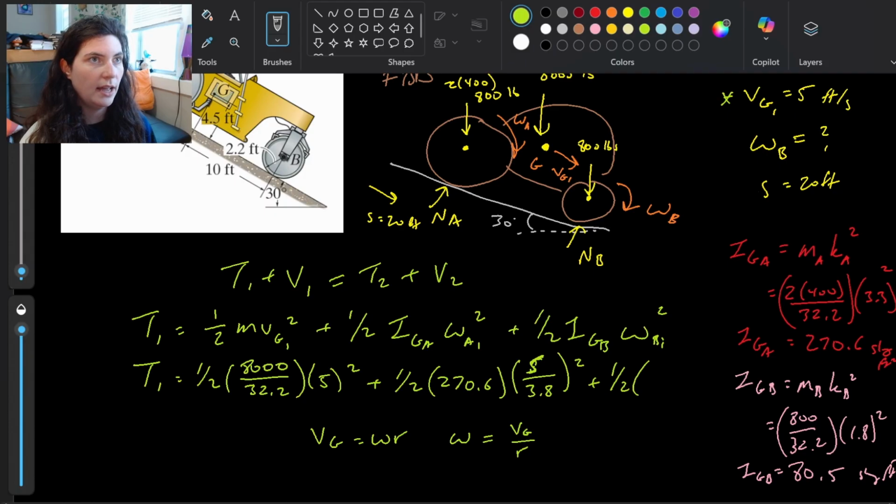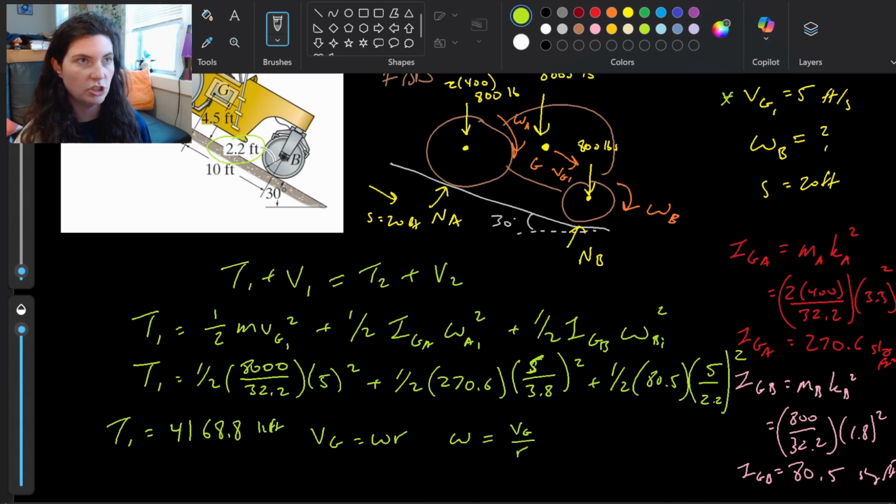Plus 1/2 IGB, which is 80.5, times omega B, which is VG over R, so 5 over its radius of 2.2 feet, and we're going to square that. So that's just a number, right? That gives us T1 equals 4168.8 pound-feet for our initial kinetic energy. Just a number from the calculator.